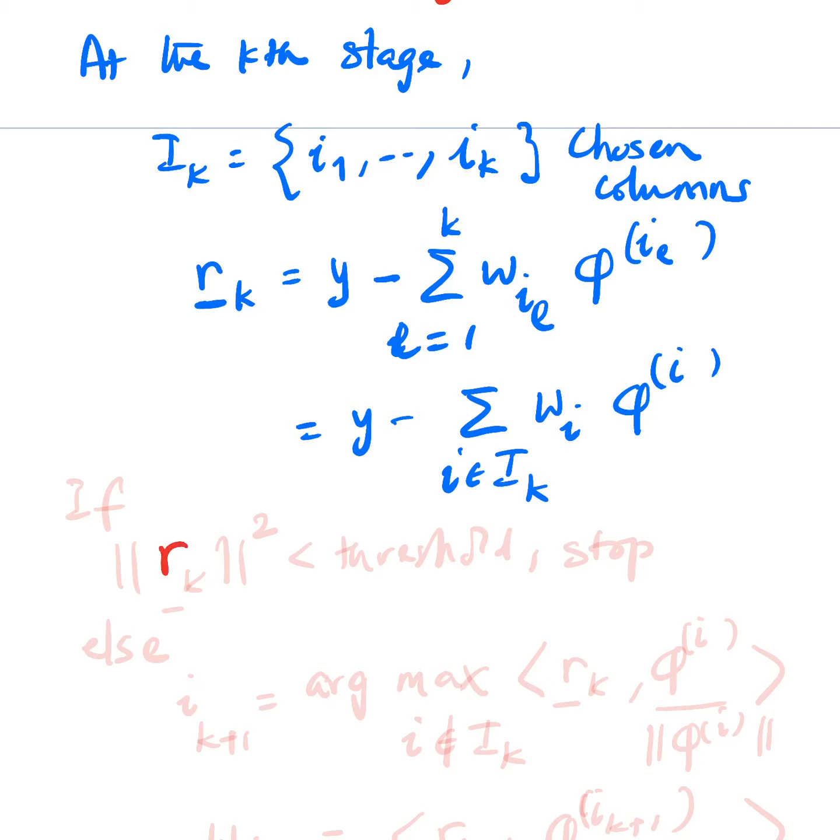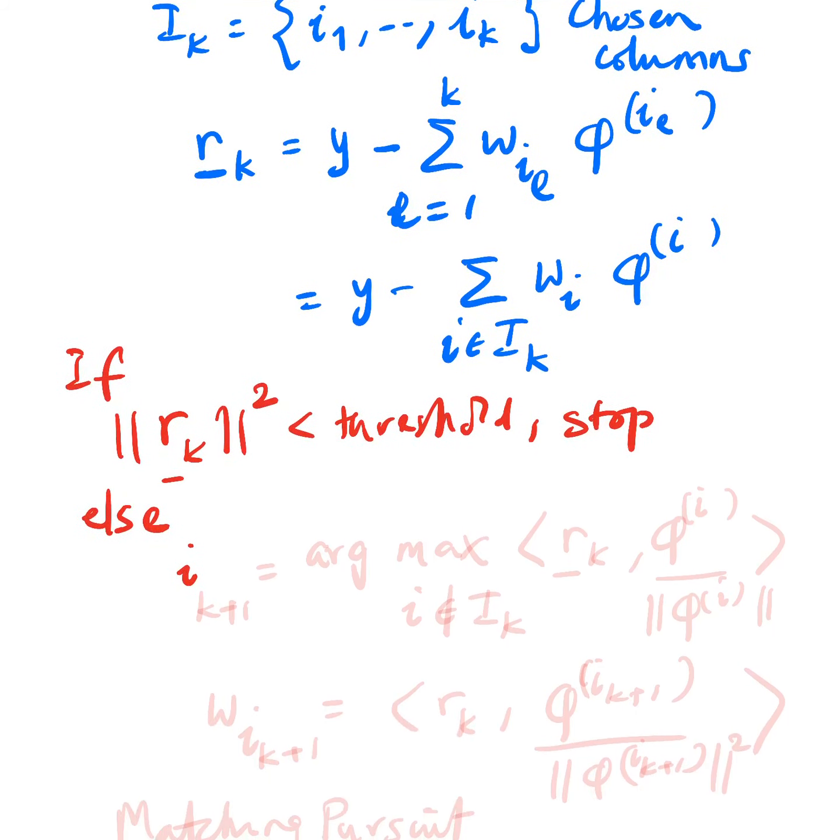And now if the norm of r k squared is less than some threshold, you can stop. Otherwise, I keep going. Otherwise, basically my I sub k plus 1 is the arg max over I not in my current set of the residual projected along these guys, right?